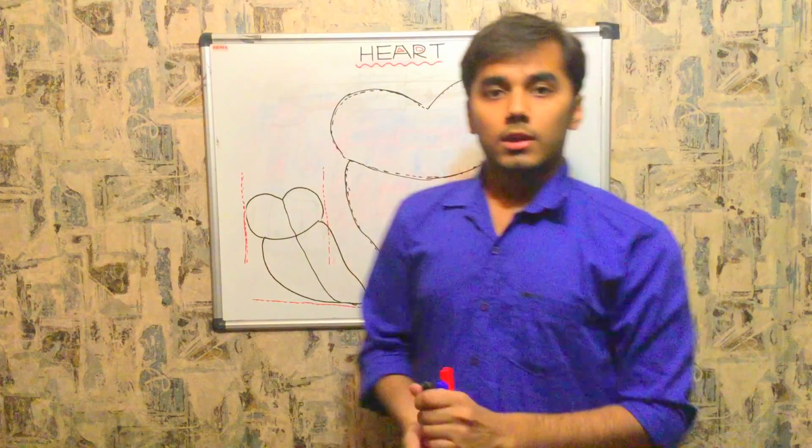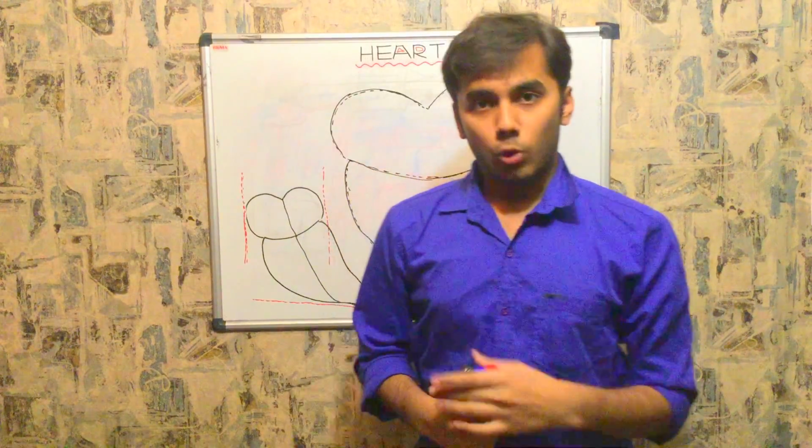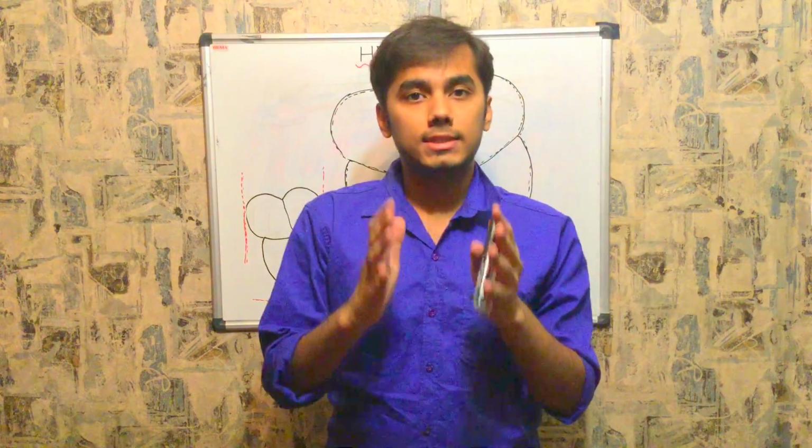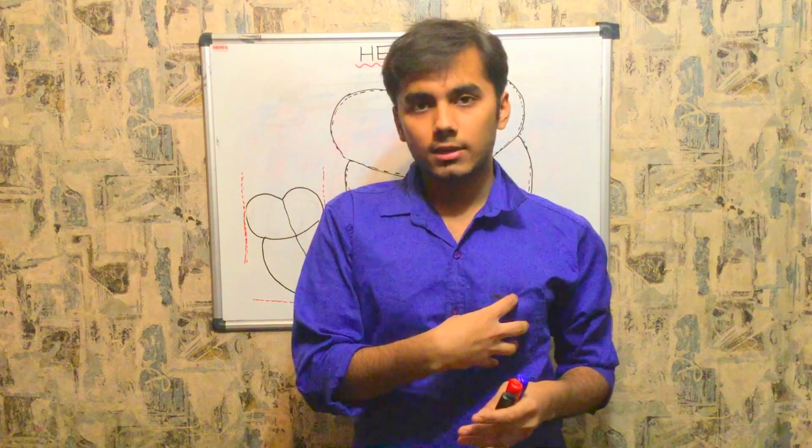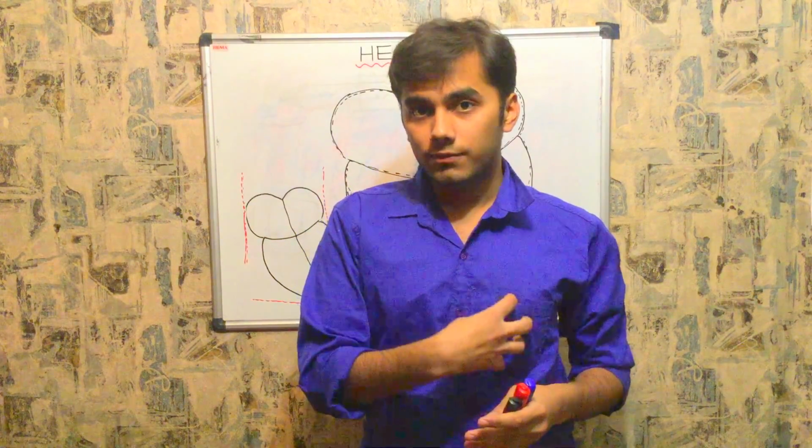Now, the exact location of the heart is towards the left side of your chest. More exactly, the heart is located on the left side of your chest in the middle mediastinum region.